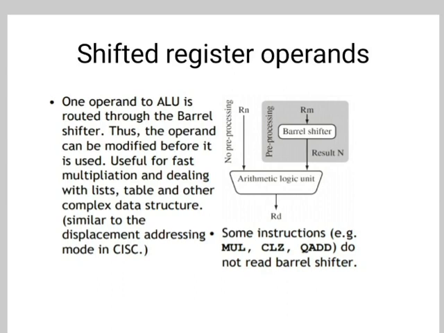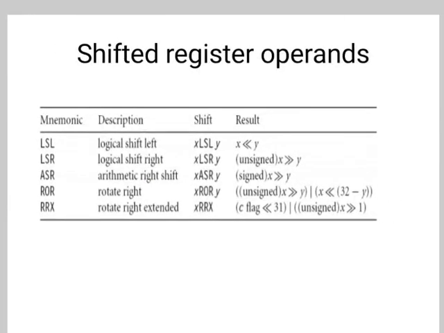It is similar to the displacement addressing mode in the CISC. Some instructions are, for example, MUL, CLZ, QADD. So here one operand to the ALU, that is arithmetic logic unit, is routed through the barrel shifter, so the operand can be modified before it is used.